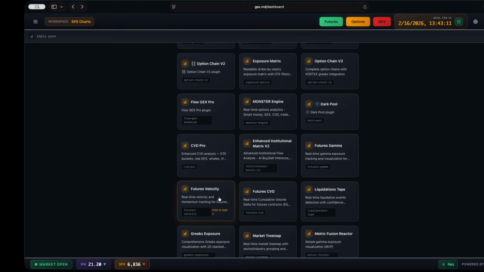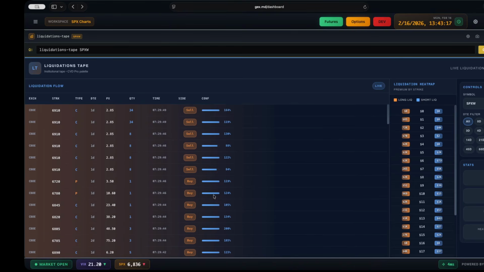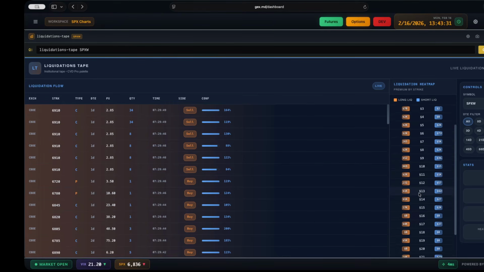This is not working, this is not working. Liquidation tape, that's something else. The strike, they got liquidated. And then you get 69.10, it's a call, it's a put. You see they're buying, how many percent they're buying, or how many they're selling. And then there's the liquidity, so they are long liquidity or short liquidity.